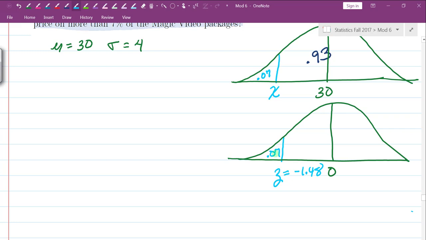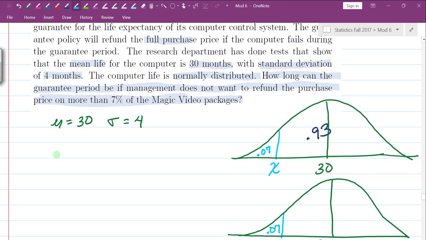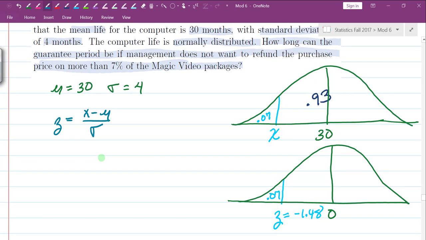So let's look at our formula. Z is equal to x minus mu divided by sigma. Let's plug in everything that we know. We have a z of negative 1.48 is equal to x, well, we don't know what x is.